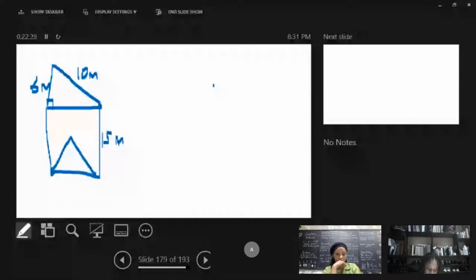The formula is correct, but the numbers are not correct. We're going to have to find the... Are we going to have to find a missing side? Mhm. Oh, okay.